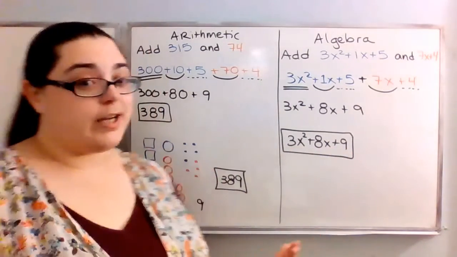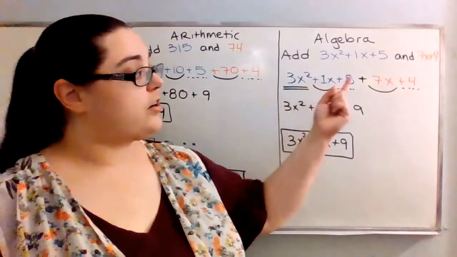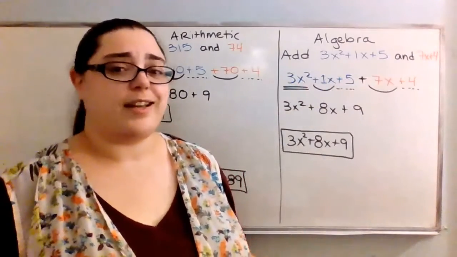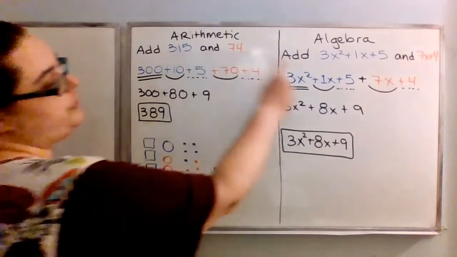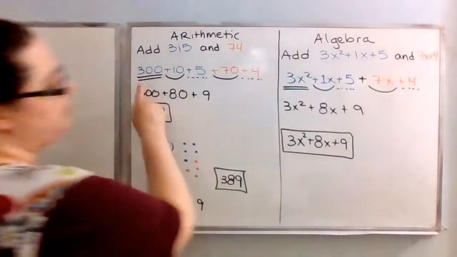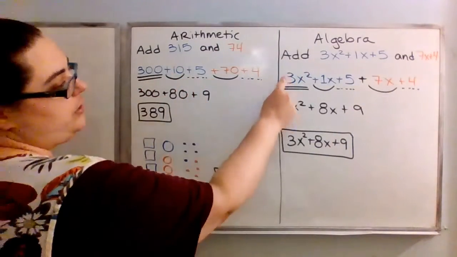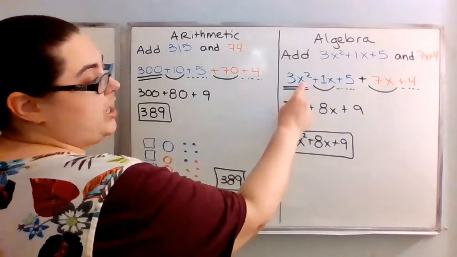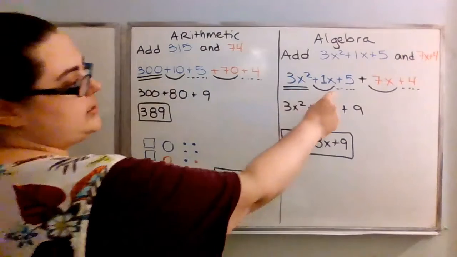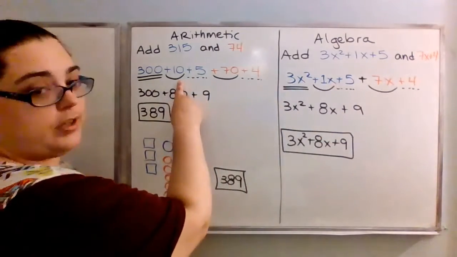So really what's going on here is these x's are stand-ins. You could think of them as stand-ins for place value. So notice 315: 300, 10, 5; 3x squared, 1x, 5. So it's just an x squared instead of 100, and it's an x instead of a 10.